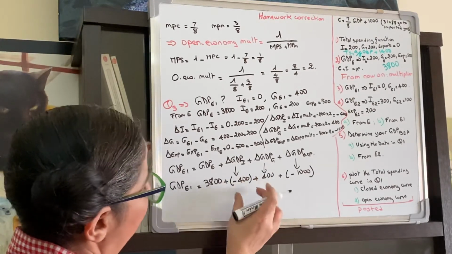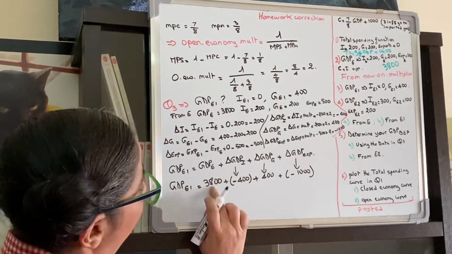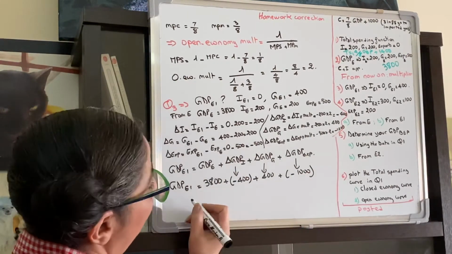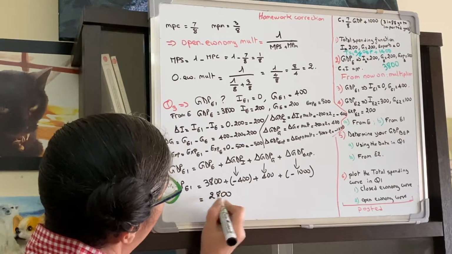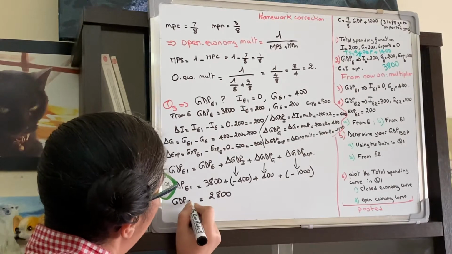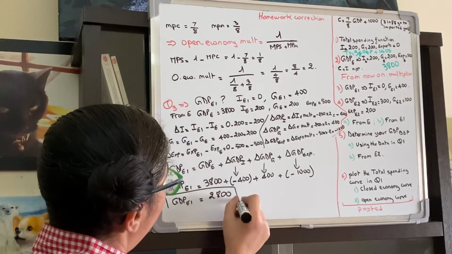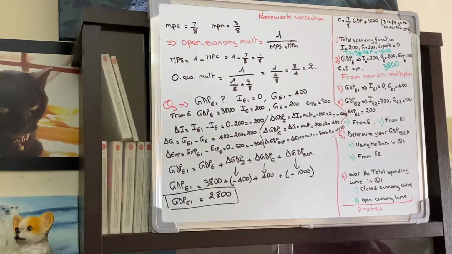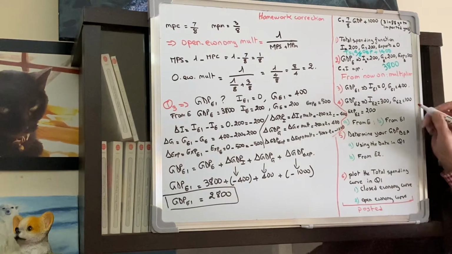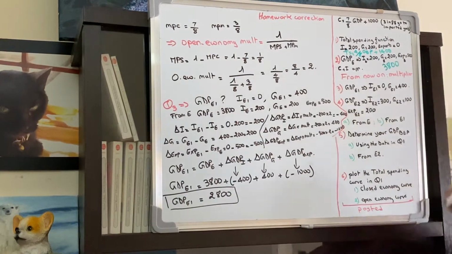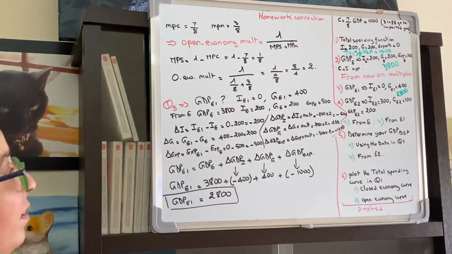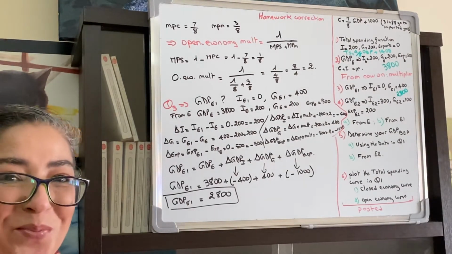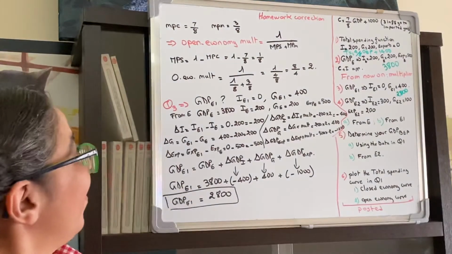These are going to give me 0, so it's 3,800 minus 1,000. It's going to give me 2,800. And that would be your GDP at E1. Take a screenshot, guys, and I'm going to come here and write it here, 2,800. Take a screenshot because I need to move on, okay? I hope it's done.